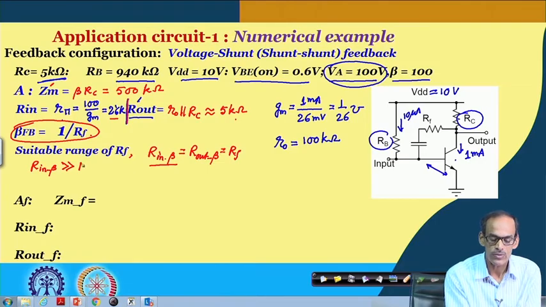So, that is equal to R out dash. So, that is equal to R C, and this is of course R F.